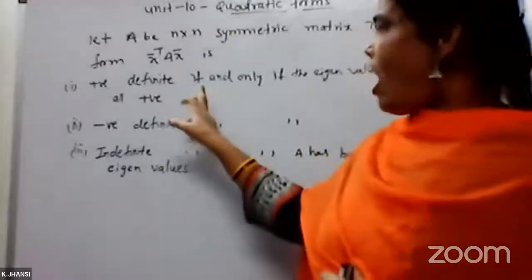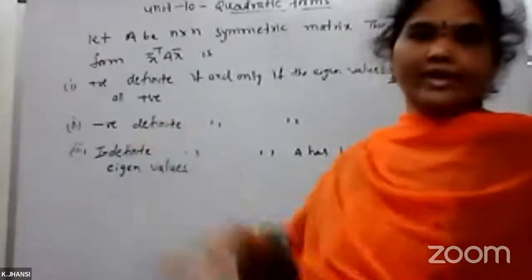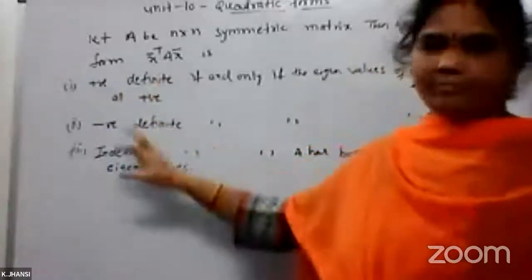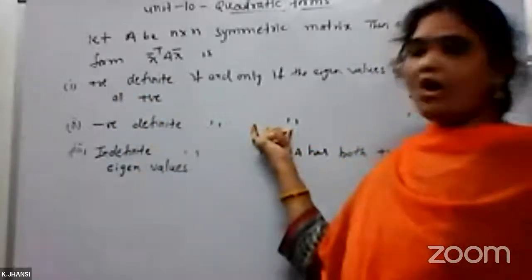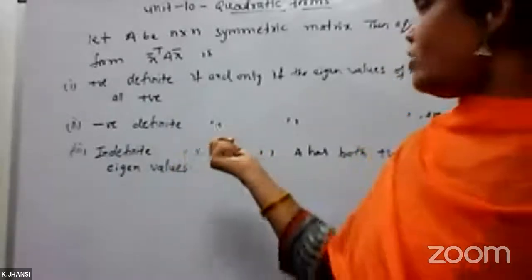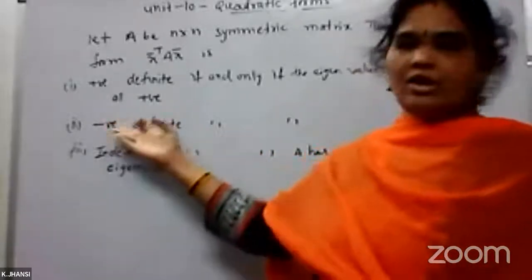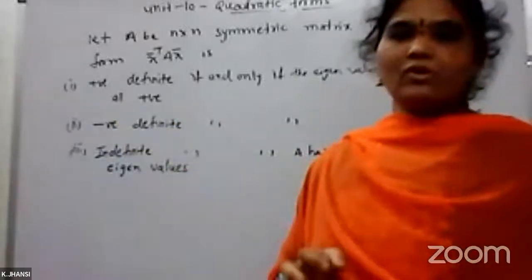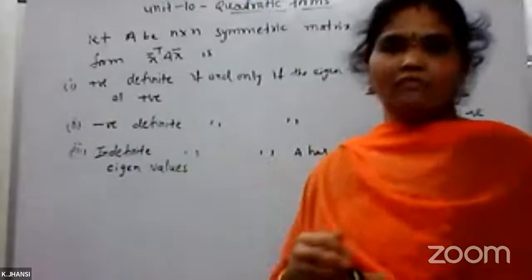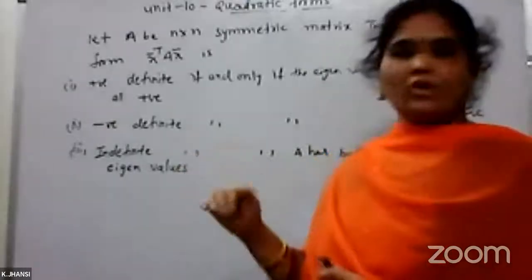If all the roots you are getting are positive, then it is called positive definite. If you are getting all the lambda values as negative, which you get only in rare problems, then it is called negative definite. For higher order, 3 and 4, you may get one positive and one negative.